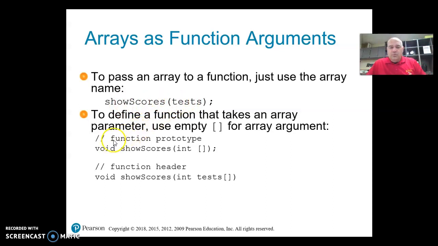Well, how does that look? Here's the prototype. In the prototype, instead of just saying int, which would be a simple data type, we need to put empty square brackets next to it to designate to the program that this is an array value being sent back and forth to be pointed at.